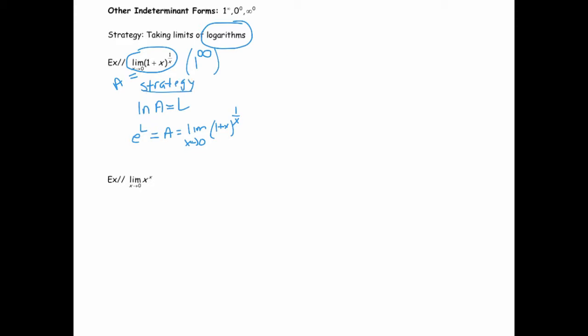Okay, so the natural log of this limit. Now, a nice property of limits allows logs to move inside the limit. So this is the same as the limit as x goes to 0 of ln of 1 plus x to the 1 over x. So again, the limit and the ln just switched places.